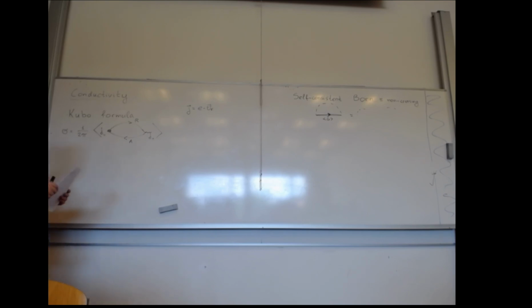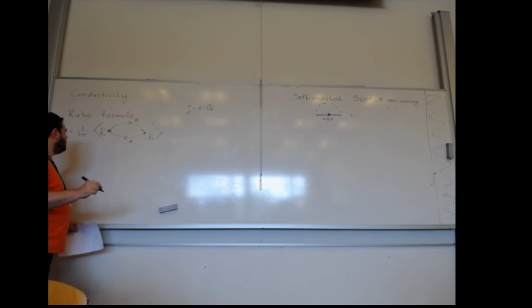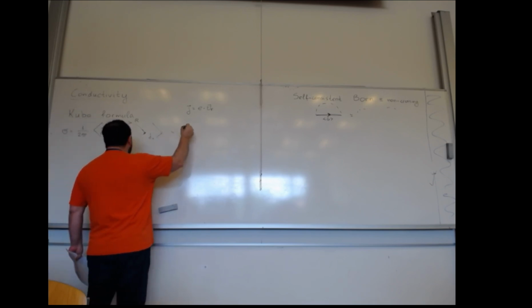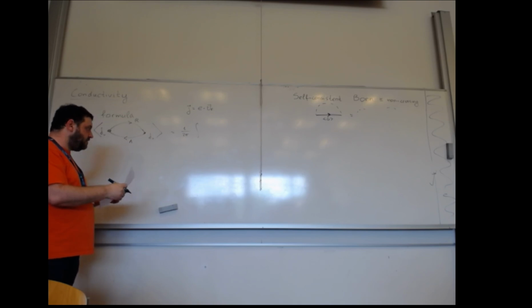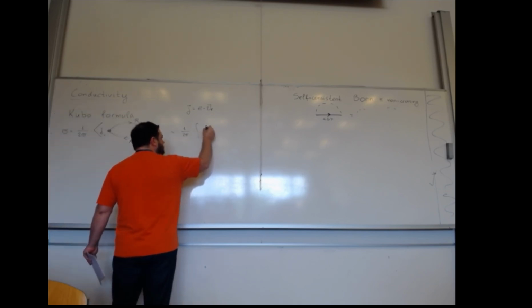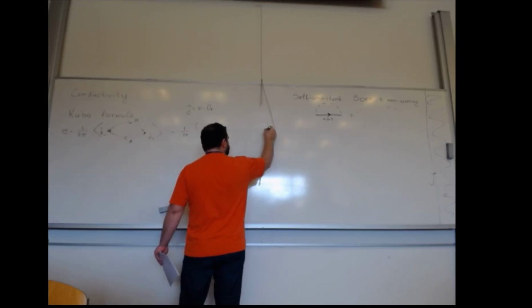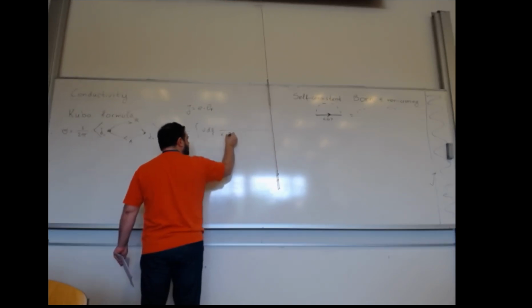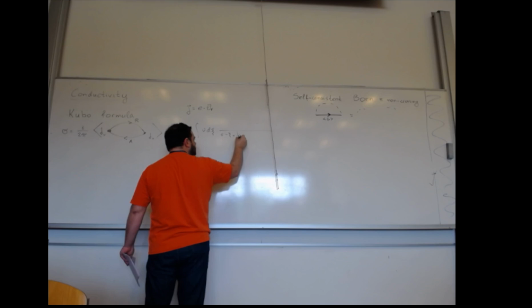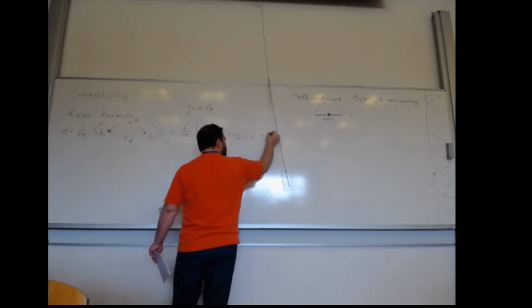Okay, so this calculation is easier than for the diffusion propagator, and it goes like this. We have 1 over 2 pi and a single integral over xi. Two Green functions, retarded and advanced: epsilon minus xi plus i over 2 tau, times epsilon minus xi minus i over 2 tau.